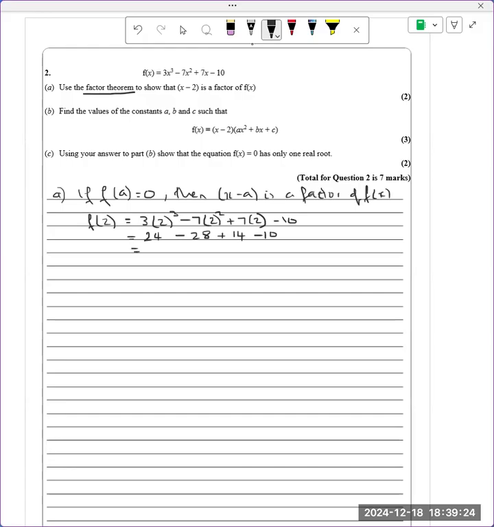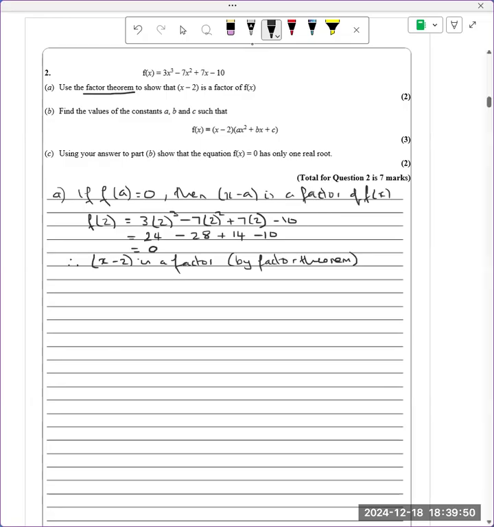That should be 0. It's minus 4 plus, yes, it is in fact 0. Therefore x minus 2 is a factor by the factor theorem. You don't have to write this first line that I wrote.